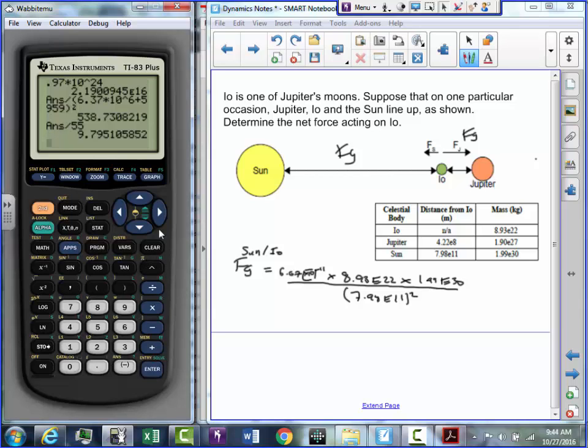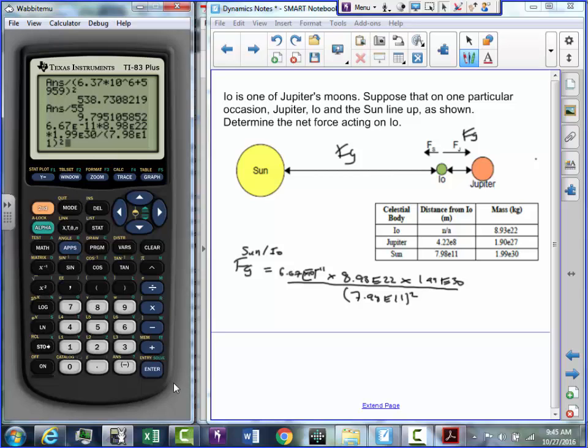You guys find that? So you may find this useful just for efficiency's sake, because now you could write it like this: 6.67 E negative 11 times 8.98 E 22 times 1.99 E 30 divided by big bracket here, 7.98 E 11 squared.